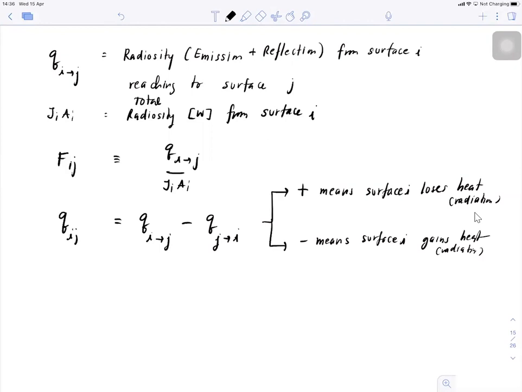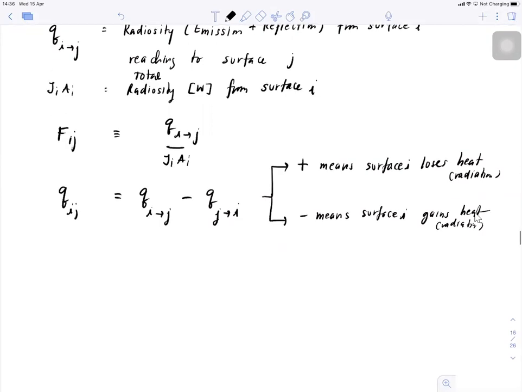Okay, and then we have the Q_i. What is the Q_i again?